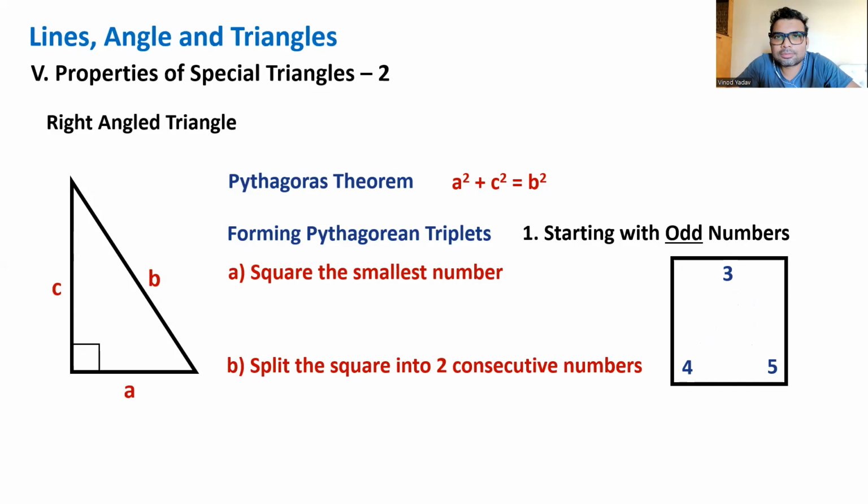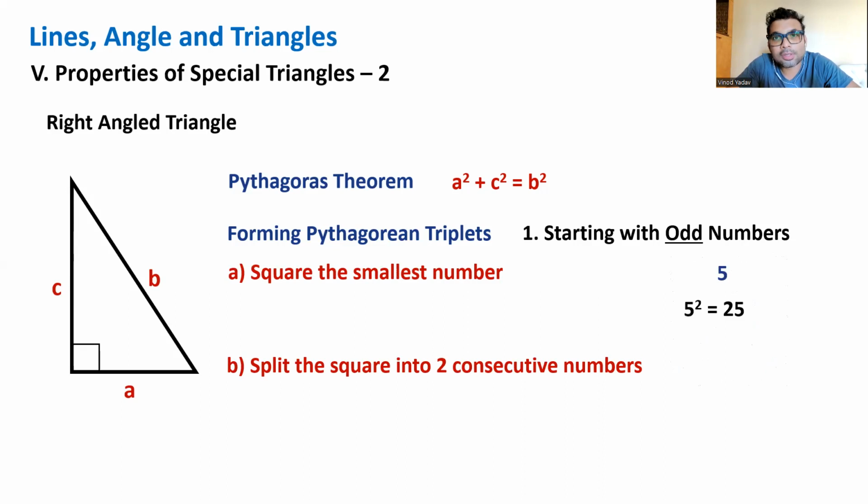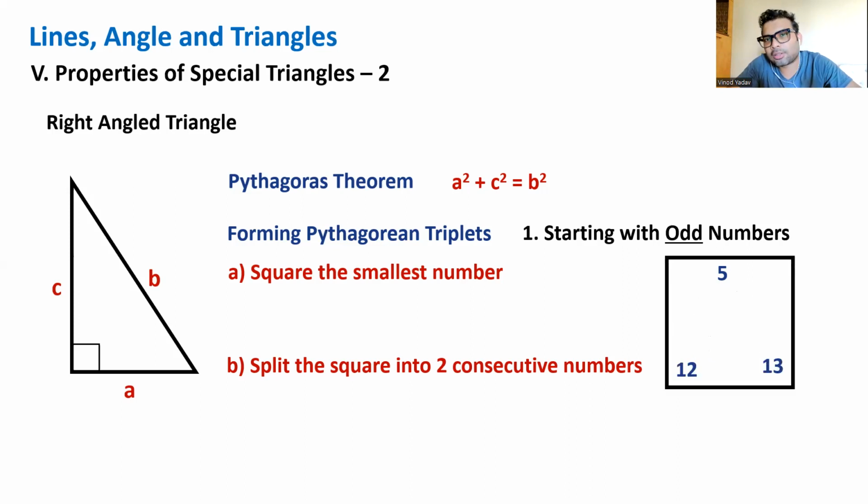All right. Great. One more, 5. The first step, 5 square is 25. Split 25 into two consecutive numbers, 12 and 13. So 5, 12, and 13. Got it? All right.